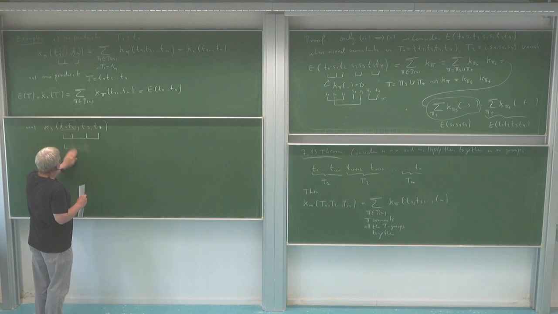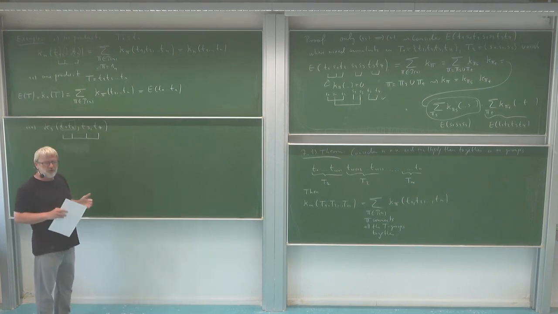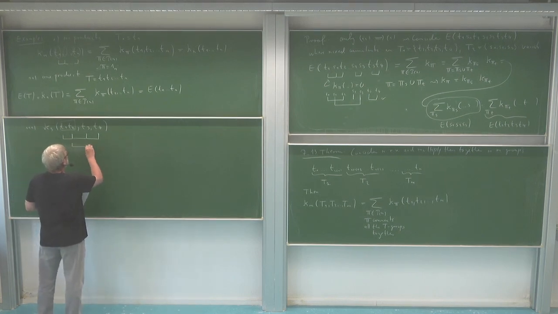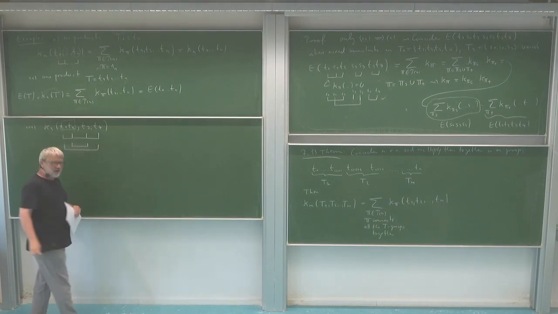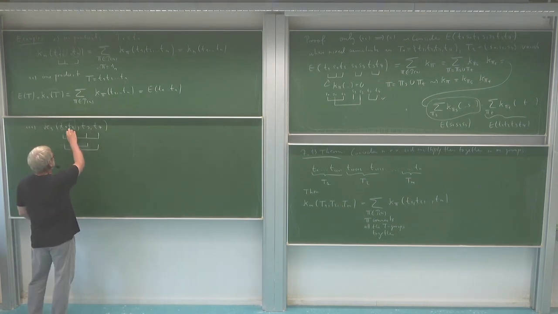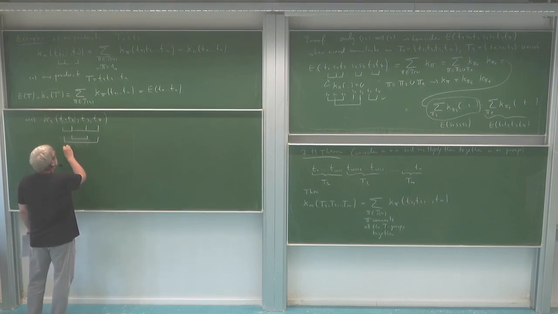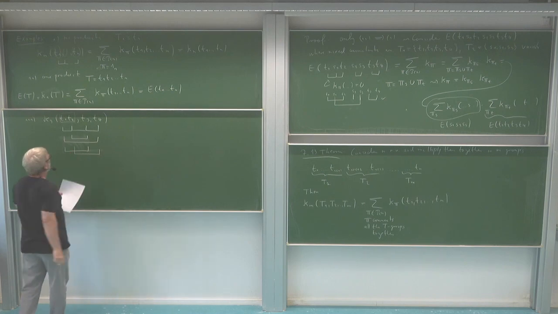If they are not connected, then one of them must connect to one of them, and the other must connect to the other one. So it could be that T2 connects to T3, but then T1 must connect to T4. Then T3 is connected to this group, and T4 is connected. It could be that T1 connects to T3, and T2 connects to T4.